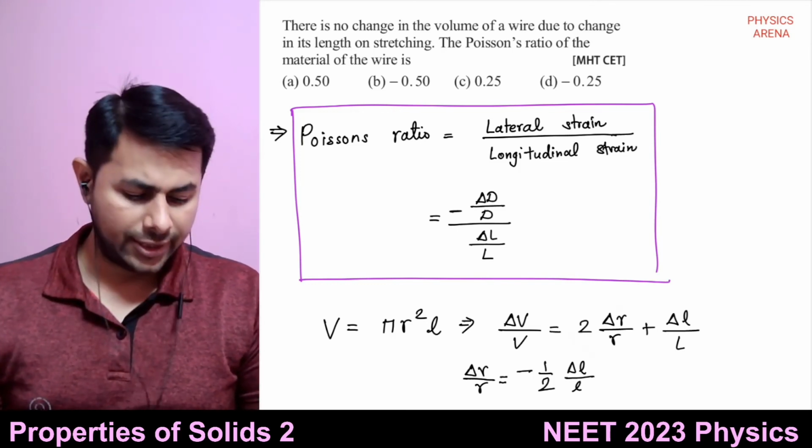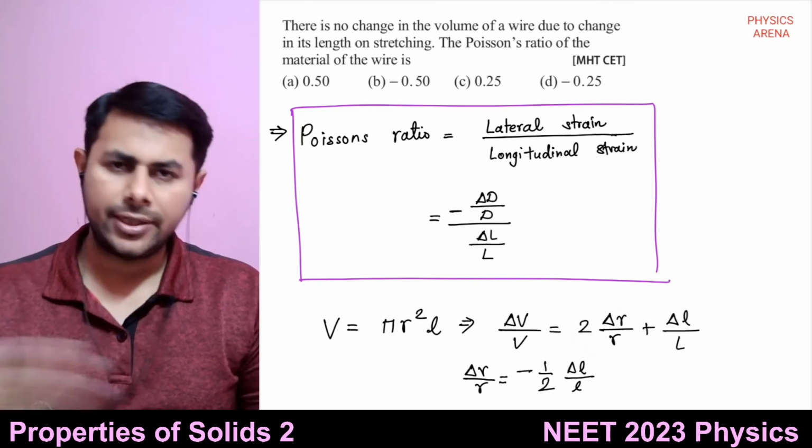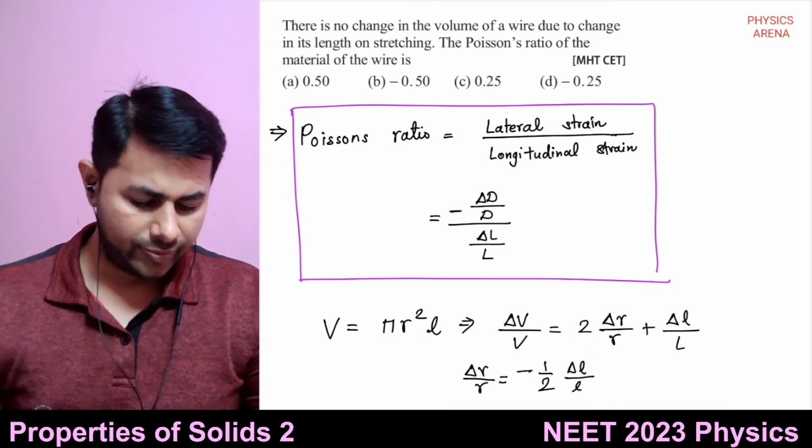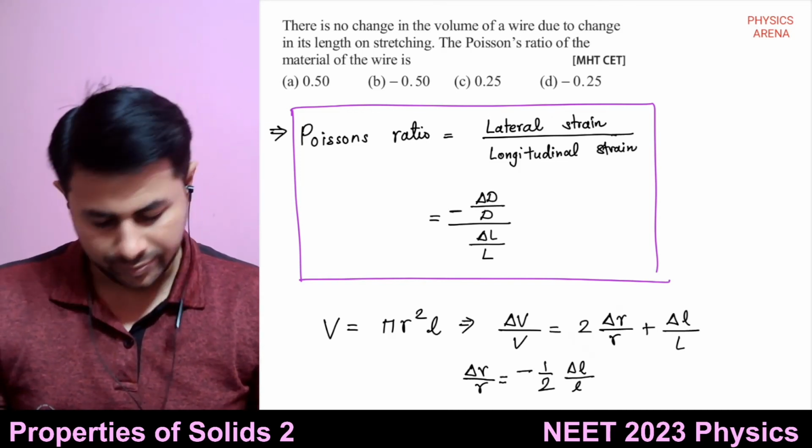And therefore if you take that 2 on the other side, actually minus 2 on the other side, delta r upon r equals to minus half of delta L upon L.